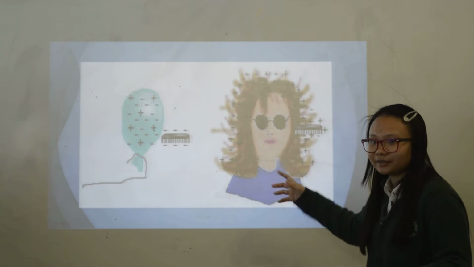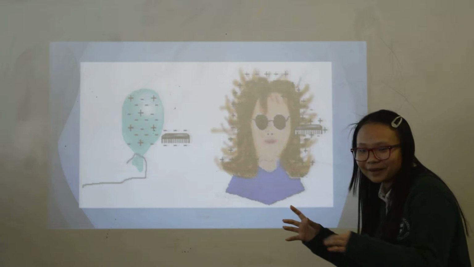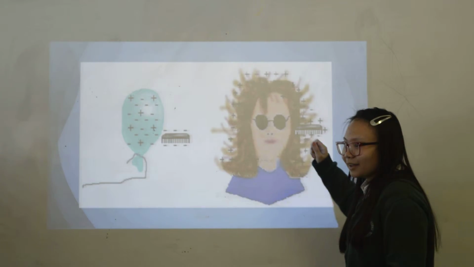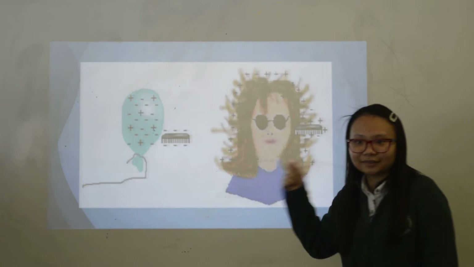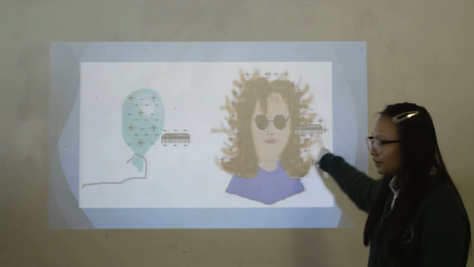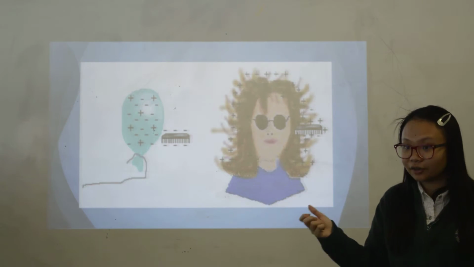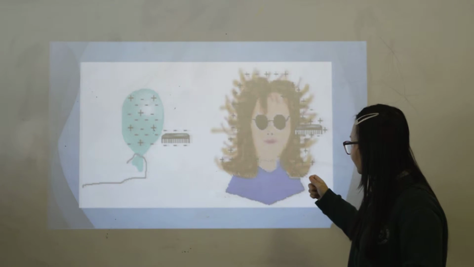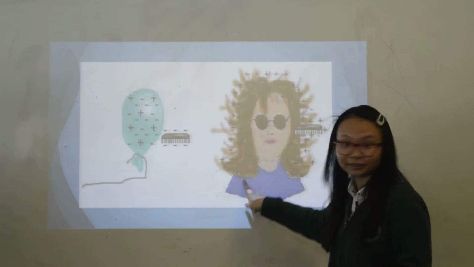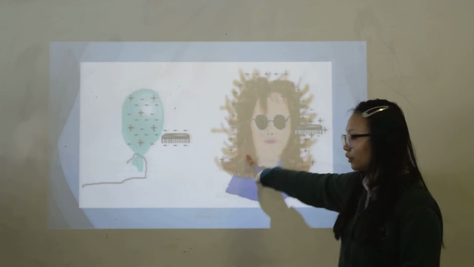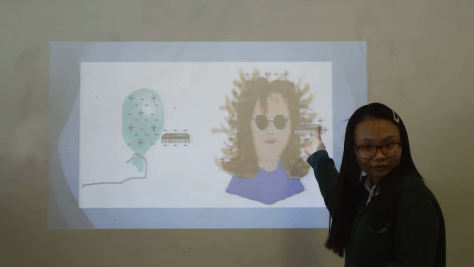This is a case combining friction and conduction. When we comb our hair in the morning, the brush may have negative charge, and the positive charge is left in the hair.